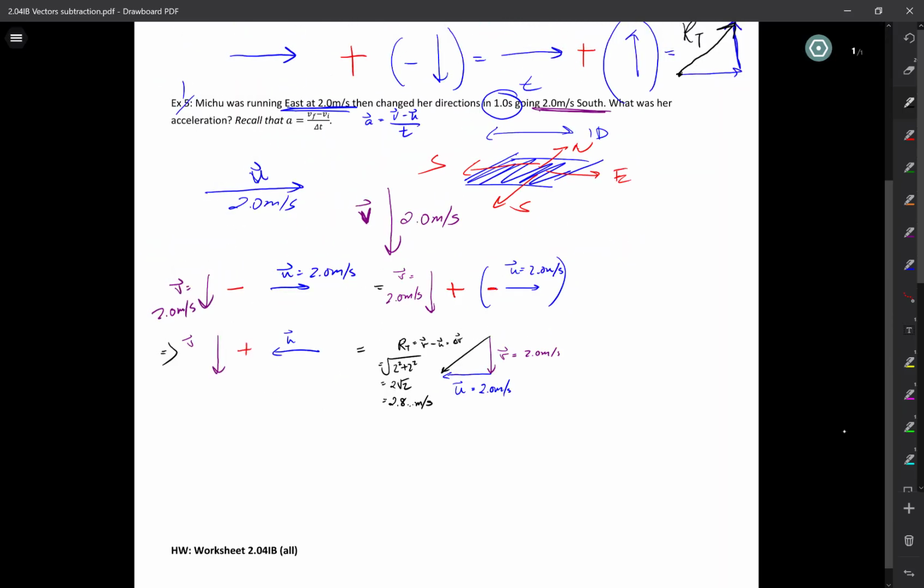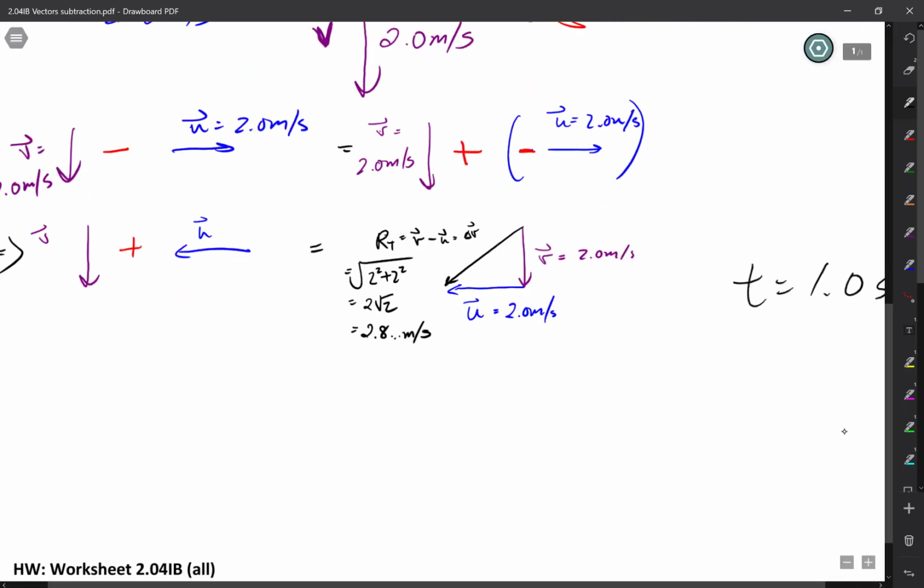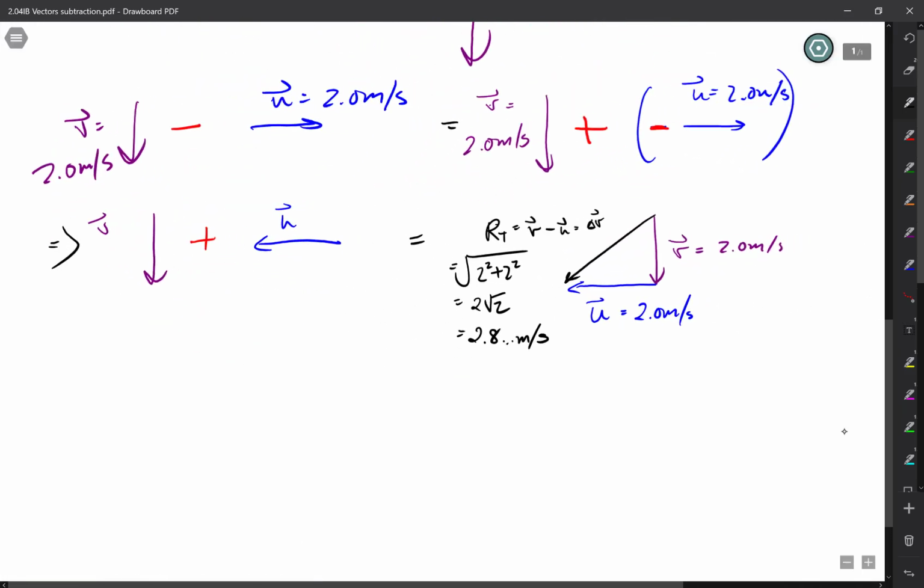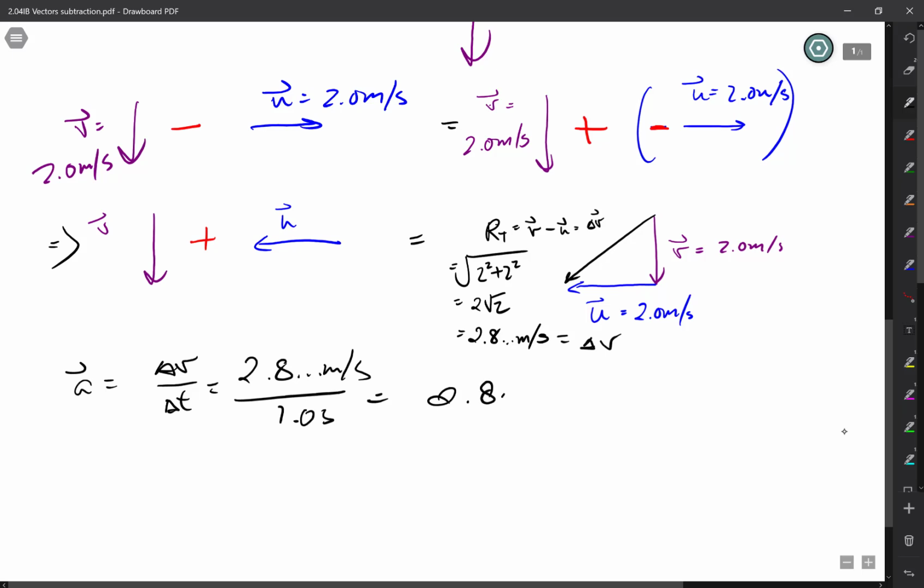But she is accelerating, and her acceleration happened in 1 second. So t is 1 second, which means if we have delta v, which is this guy, to find acceleration, this is delta v over the time, or 2.8... meters per second over 1 second, which is essentially 2.8 meters per second squared.